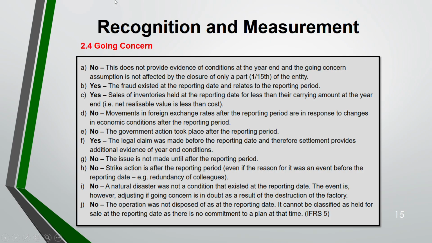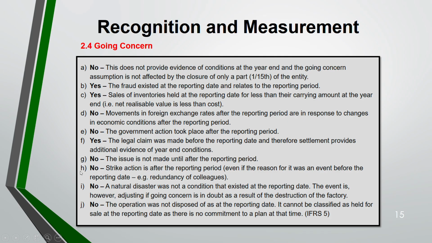It's a no. No means non-adjusting. Why? We'll see why it's non-adjusting. This is the solution given in the next slide. It does not provide evidence of conditions at the year end, and the going concern assumption will not be affected by just closing one department. That is only 1 divided by 15 of the entity. It's not a significant proportion that you are selling. Just 1 out of 15.